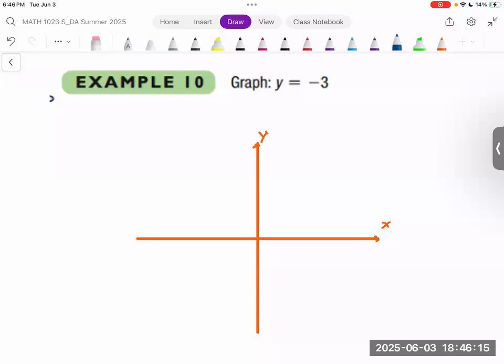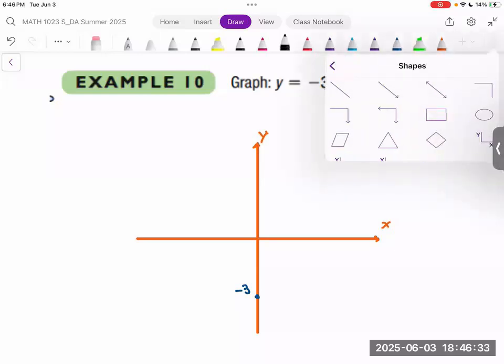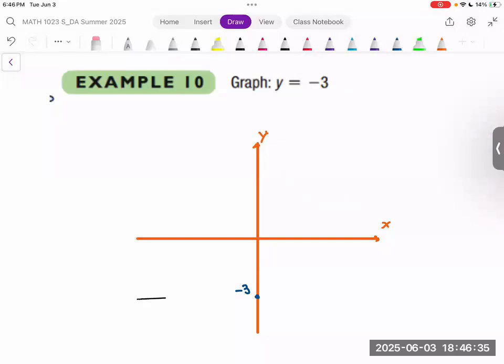Where is y equals -3? Somewhere here, let's say. Which one makes more sense for you, going horizontally or vertically from there? Horizontally, very good. So this is going to be a horizontal line, and you're all set. This is the equation y equals -3.